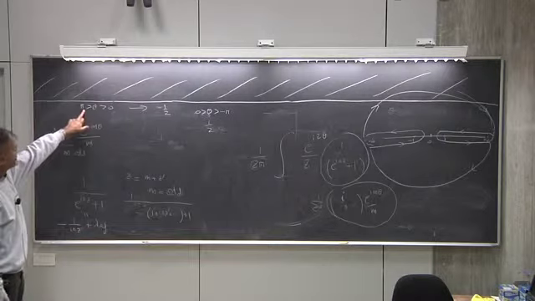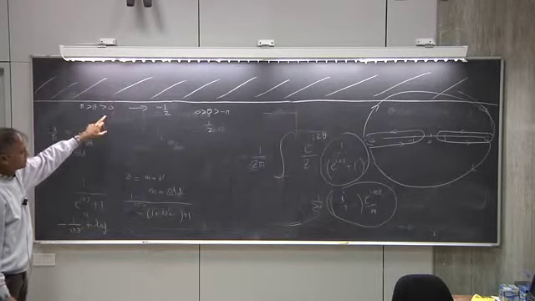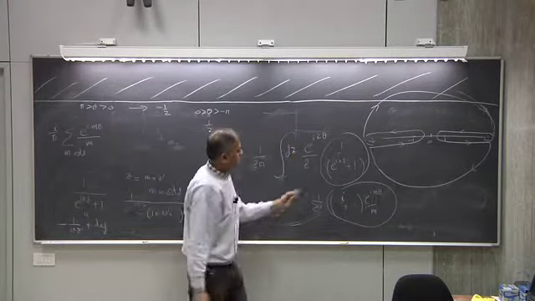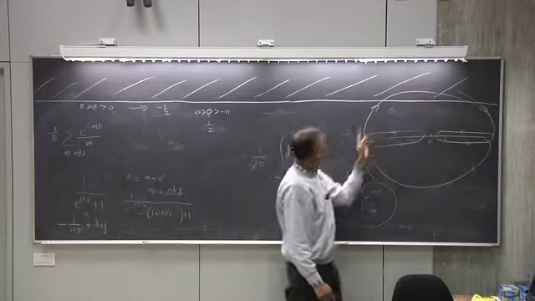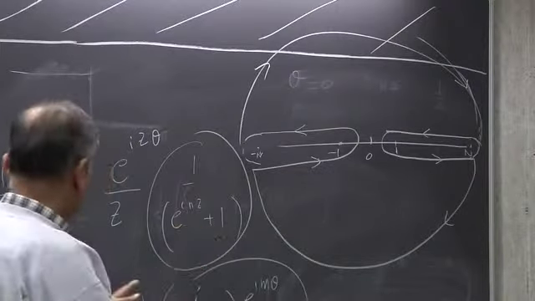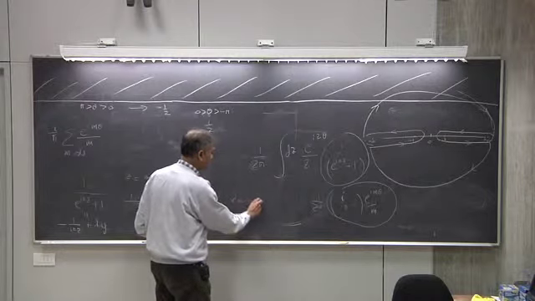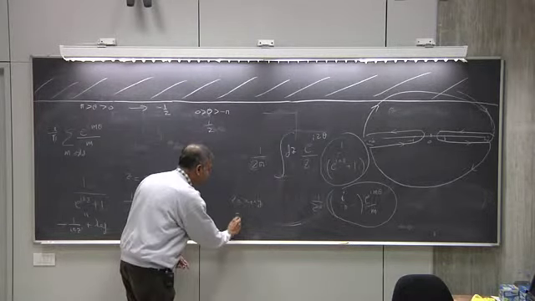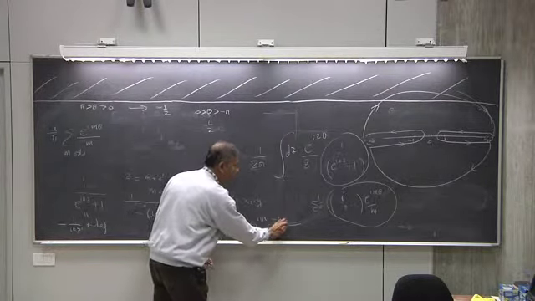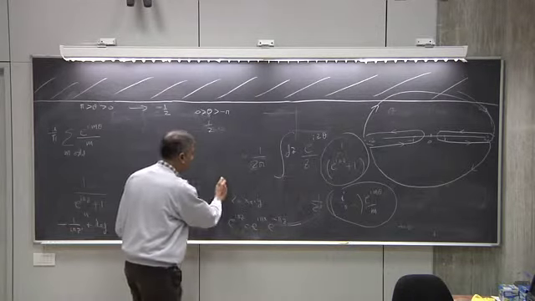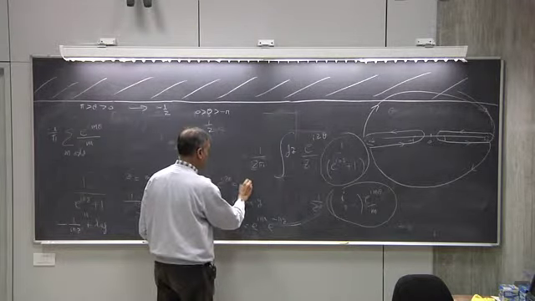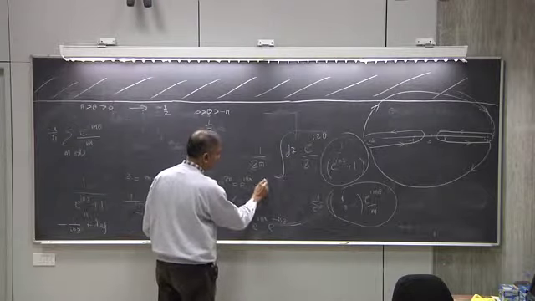Well, this is true in this range. If theta is strictly between 0 and pi, this is indeed true. Because up here in this part, e to the i pi z is exponentially suppressed. z is x plus iy, so e to the i pi z is the same as e to the i pi x times e to the minus pi y. Similarly, e to the i z theta is e to the i theta x times e to the minus theta y.